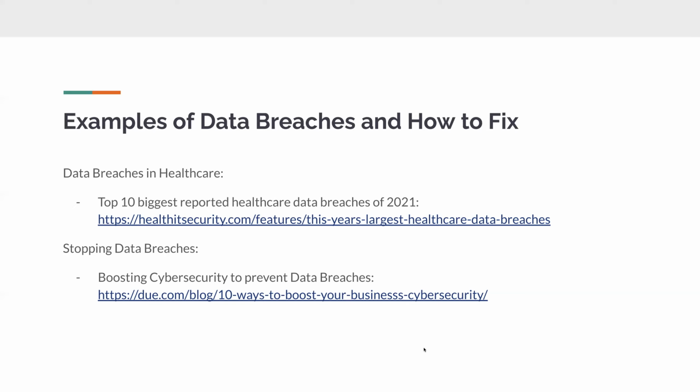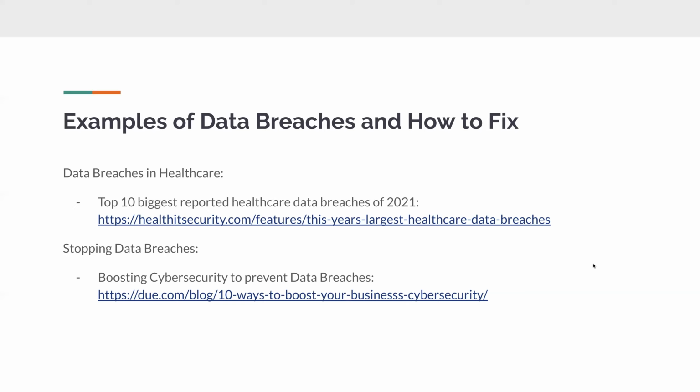The second article is something that we're pretty familiar with, and we hear these words every day: how boosting cybersecurity can help prevent data breaches. We know the terms and we understand them, like data encryption, hardware security, using stronger passwords and virus protections on our computers, doing regular backups, diligently monitoring our logging systems, and just overall training the staff of the organizations that we work with.